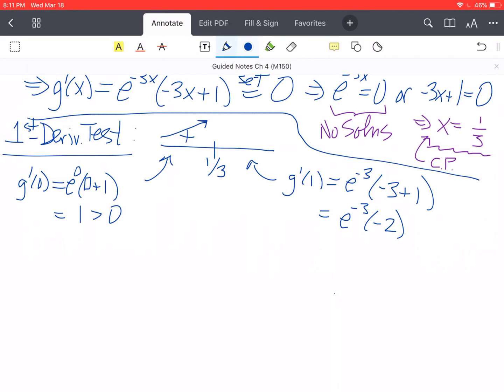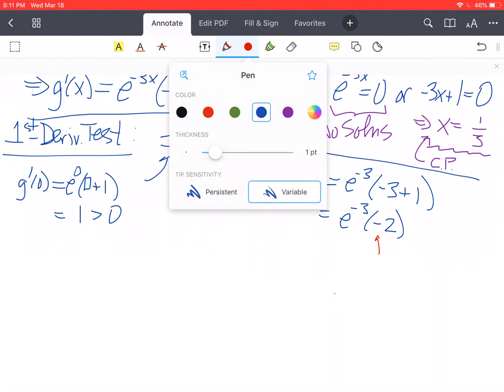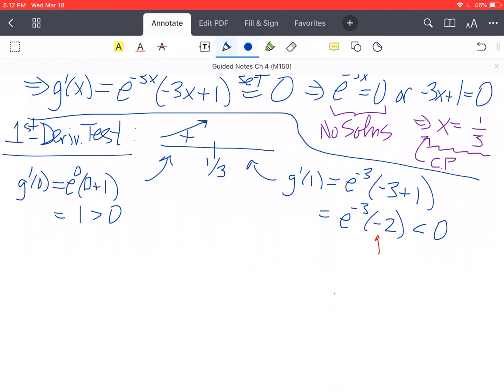E to the negative 3 will always be positive, because again, the negative power just makes it a reciprocal, a fraction. Doesn't make it negative. The negative 2, however, is what's making this one negative. So this is less than 0. So the function is decreasing after 1/3.